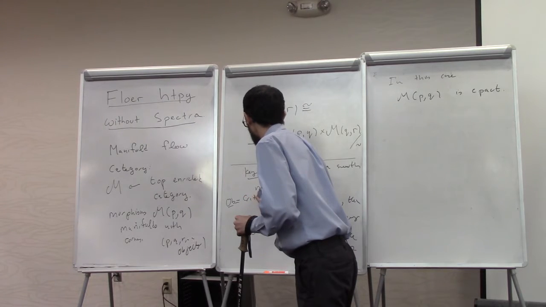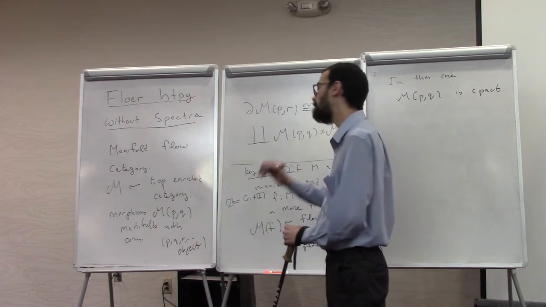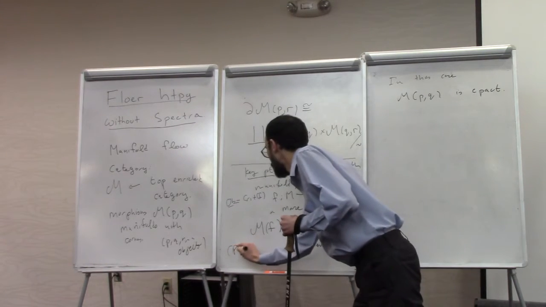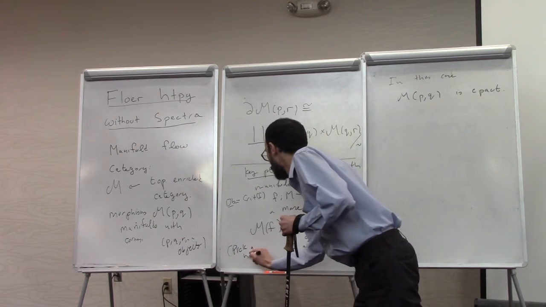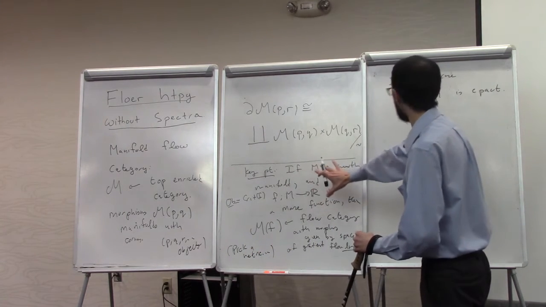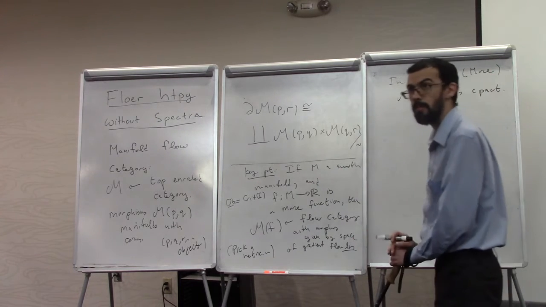And you need still some genericity condition. I should have said Morse-Smale, I should have picked a Morse metric. So in this case, in Morse theory, this moduli space is compact.